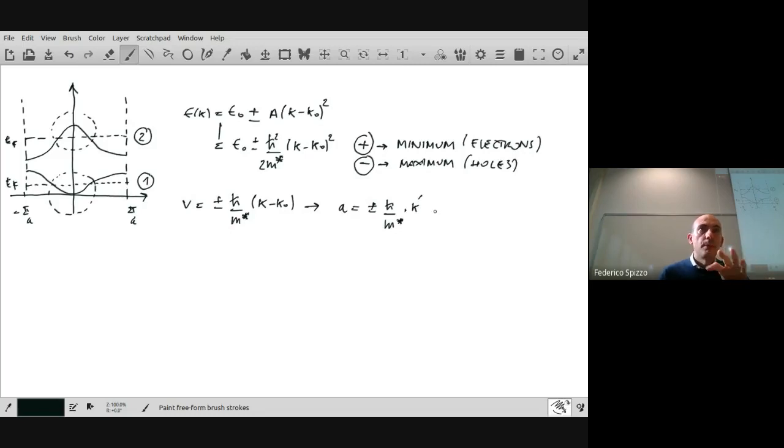So to find a more general approach, the point is, if I'm able to distinguish the relative orientation between acceleration and k prime, then I may distinguish in an automatic way if I am accessing levels that are occupied by holes or levels that are occupied by electrons.